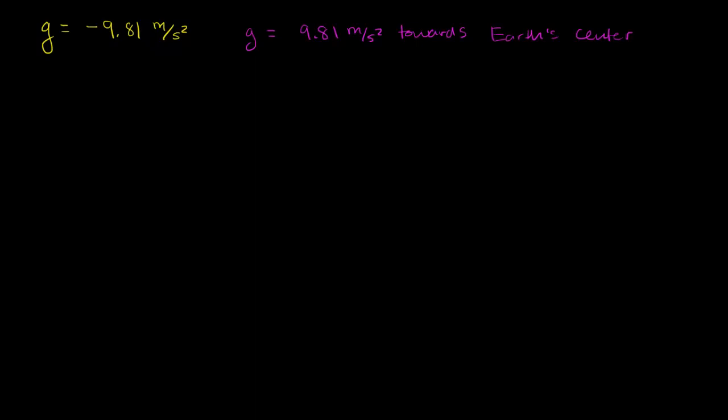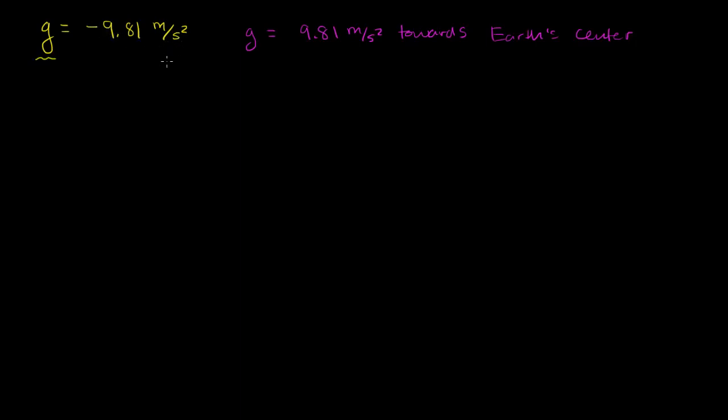What I want to do in this video is think about the two different ways of interpreting lowercase g, which, as we've talked about before, many textbooks will give you as either 9.81 meters per second squared downward or towards the center, Earth's center, or sometimes it's given with a negative quantity that signifies the direction, which is essentially downwards, negative 9.81 meters per second squared.